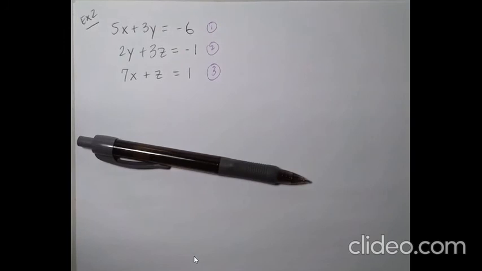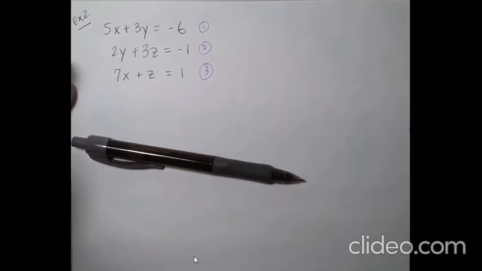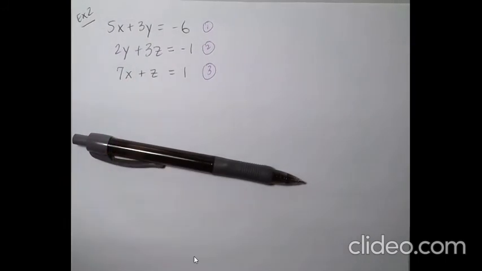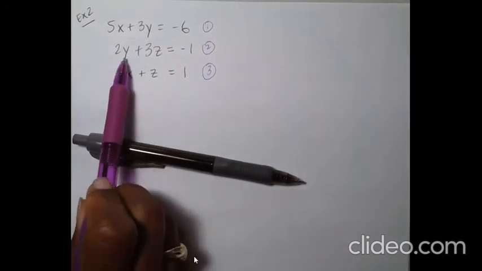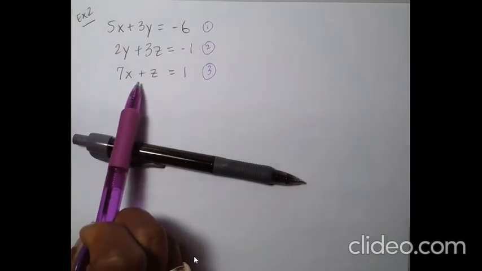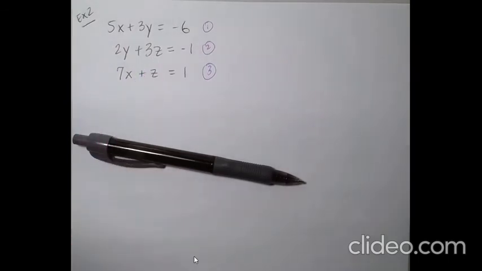When you have all three of these together, you're seeing that, like with the first one, x and y is here, but there's no z. So basically there is 0 z. And the second equation, you have y and z, so there's a 0x. And 7x plus z means there's a 0y. You can't, at this point, eliminate a variable and end up with one variable left that you can work with.